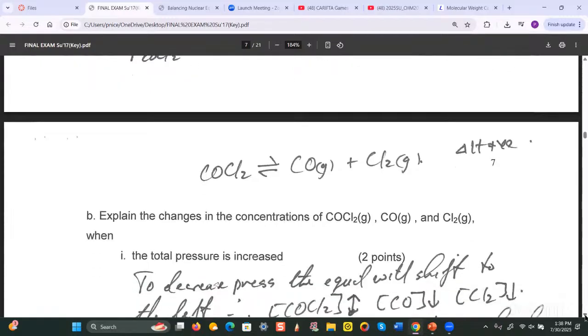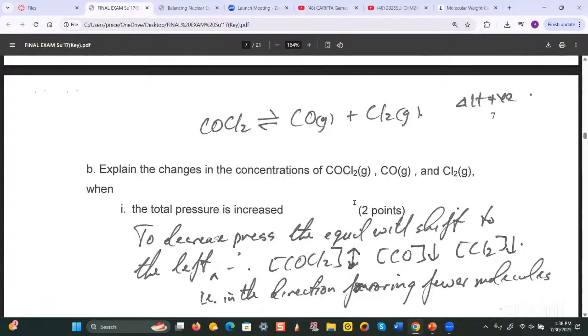So the next question is saying, to the left, which means that the concentration, okay, what's going on here?